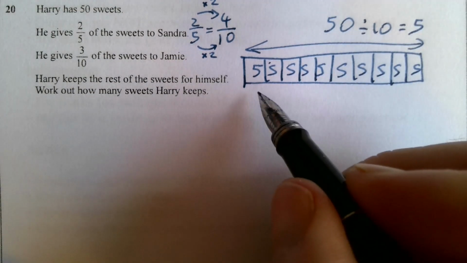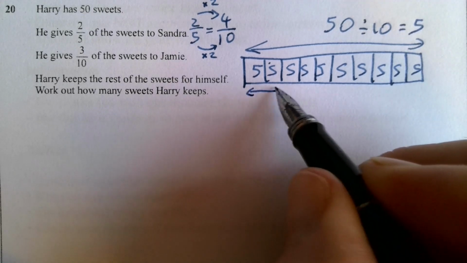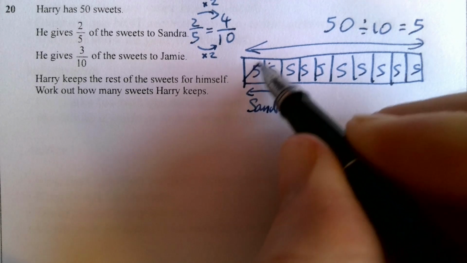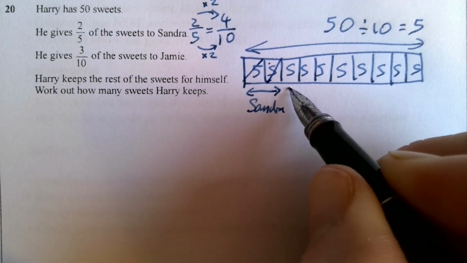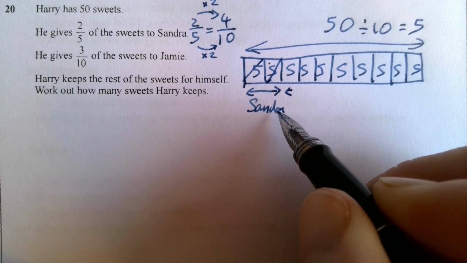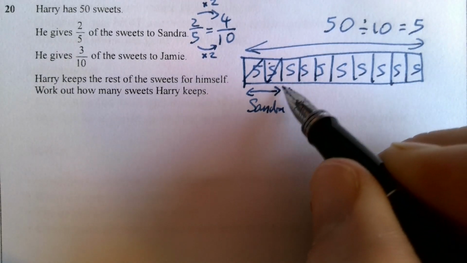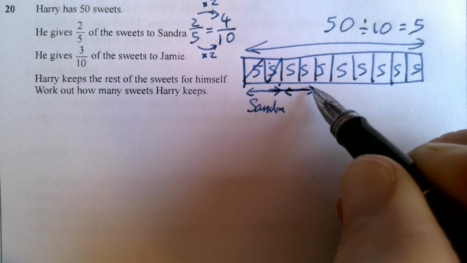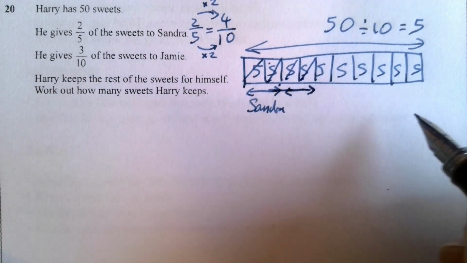So Sandra gets 2/5, doesn't she? That's Sandra's. So Harry doesn't get to keep those. 3/5, not 2/10. You fool, 4/10. Right, sorry. Sandra gets to keep 4/10. So that's all of those.